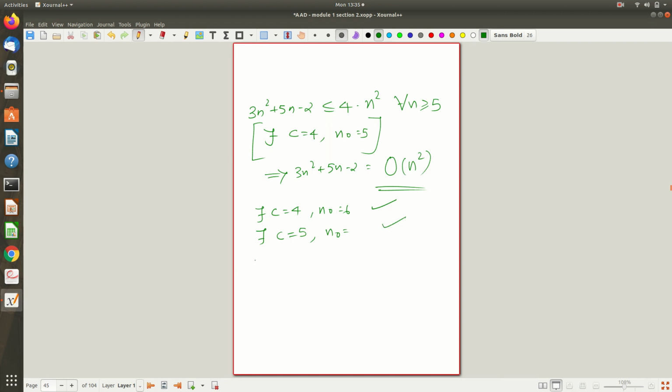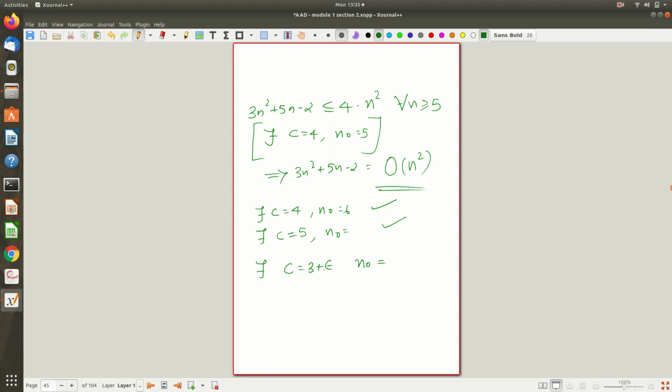Basically there exists a c that is 3 onwards. Some bigger value than 3 is what I need, some 3 plus some epsilon, and n0. So n0 you have to try out. So this is going to work for 3 plus epsilon onwards.